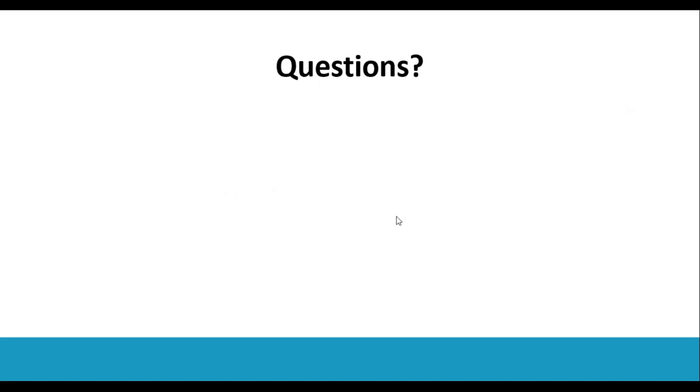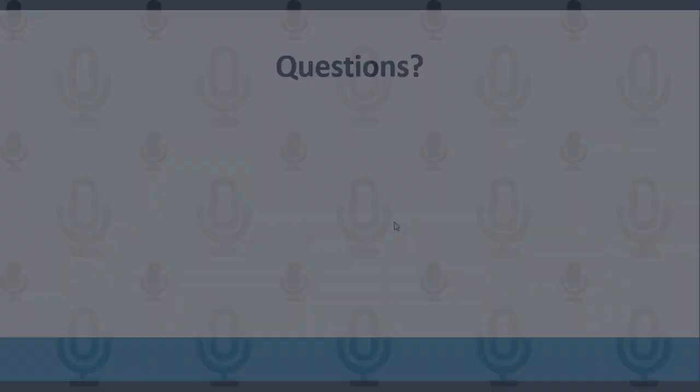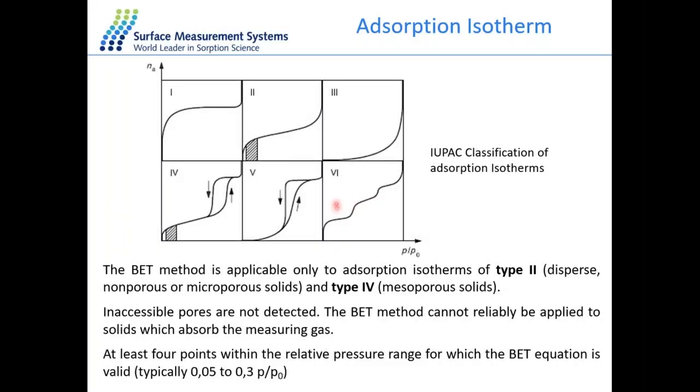Sure. If I go all the way back here, and let me just skip up to here. Let me show my screen there. Okay, so the Langmuir isotherm is what this type 1 is.